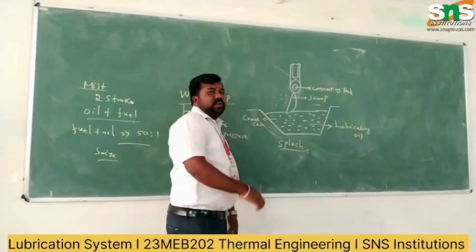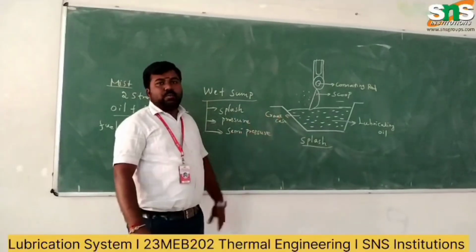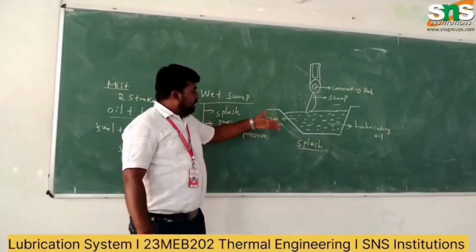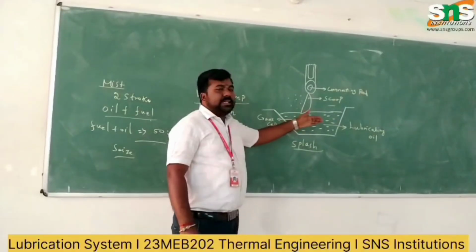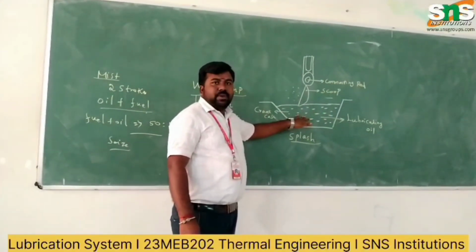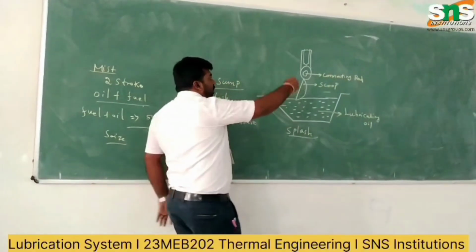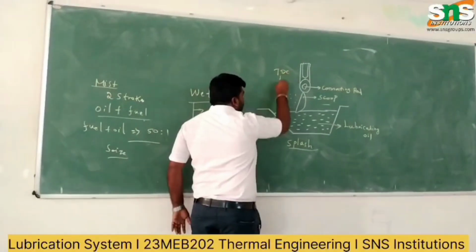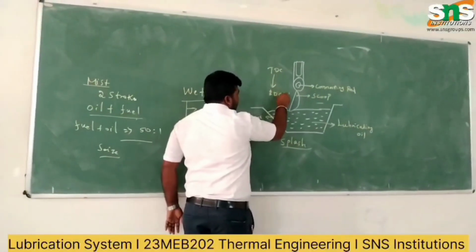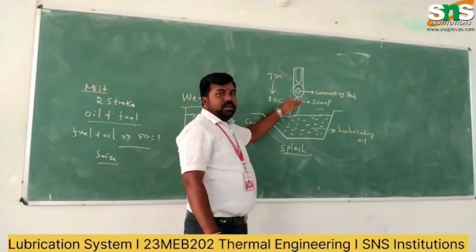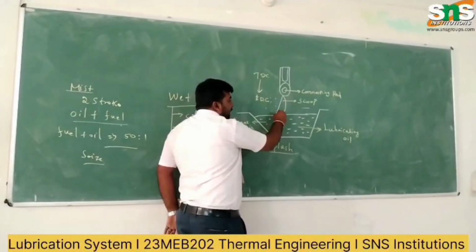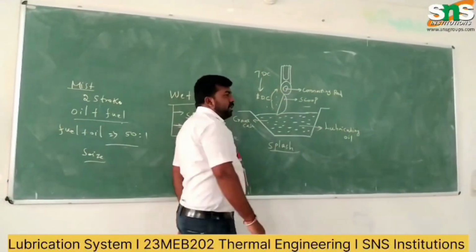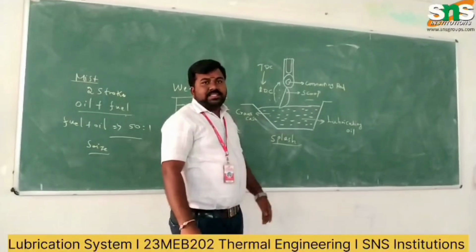Let us discuss the working principle of the splash lubrication system. In the crankcase at the bottom of the IC engine, the lubricating oil is poured. Whenever the piston moves from TDC to BDC, the connecting rod and the scoop dip into the lubricating oil and splash the oil onto the moving parts of the IC engine.